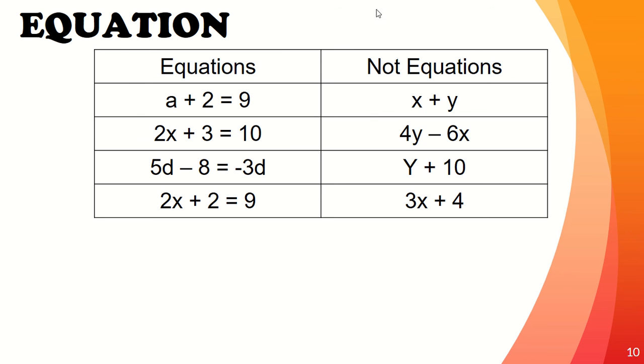To start with, let's have the example of equation. So, the first column are equations while the next columns are not equations. So, what's the difference between the two? Yes, the first column had an equal sign.